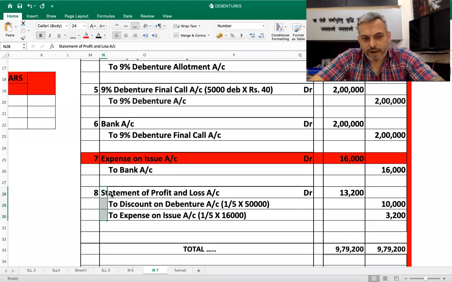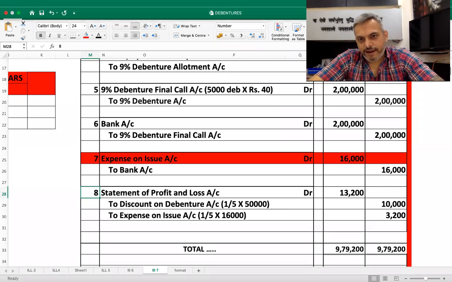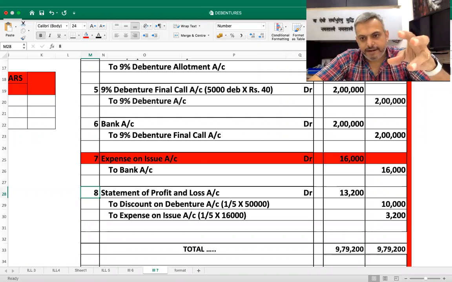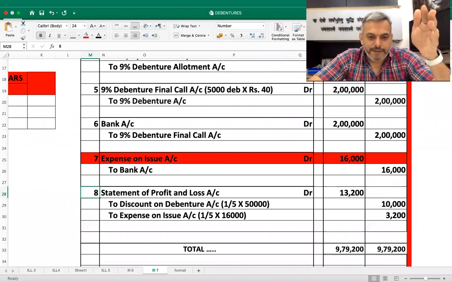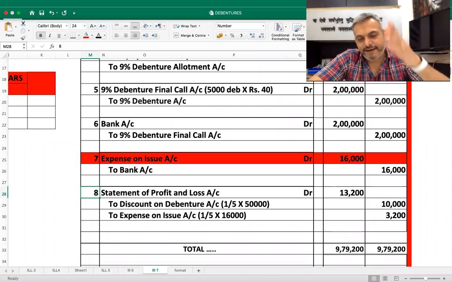Now you will say, sir, why statement of profit and loss? Why don't we write only profit and loss? Because here we are writing entries in the books of accounts of a limited company. And in a limited company, when we prepare the final accounts, we prepare a statement for balance sheet as well as a statement for profit and loss.